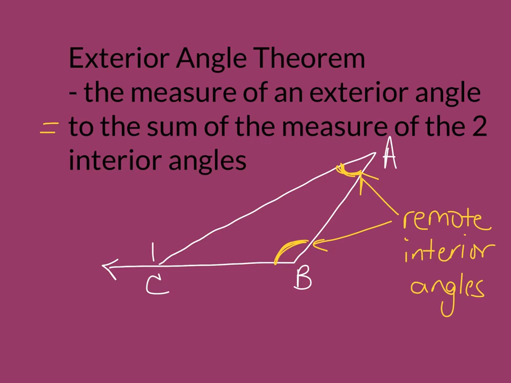Okay, and so right here, if I am looking for angle 1, I know that angle 1 is an exterior angle. Notice it's outside of the triangle. So angle 1, that is your exterior angle.